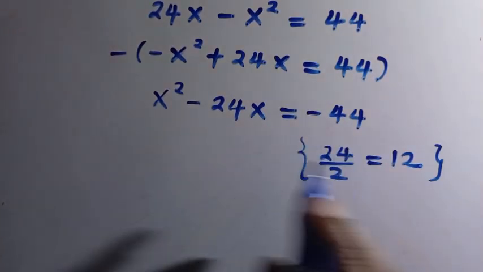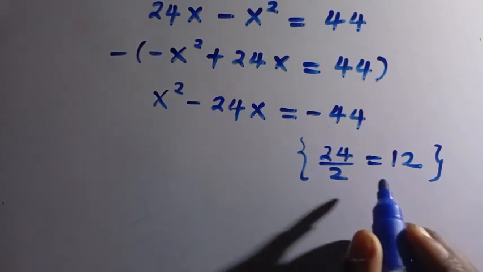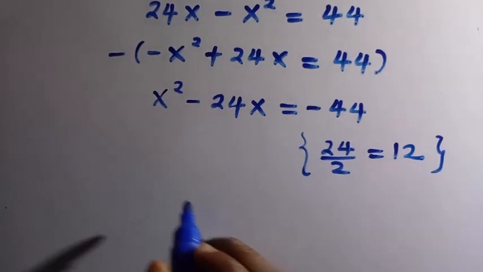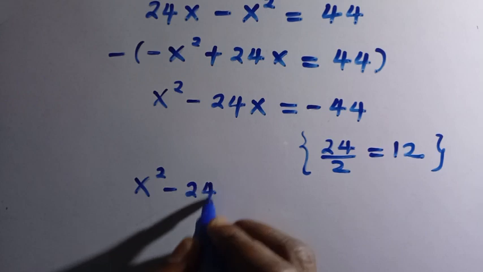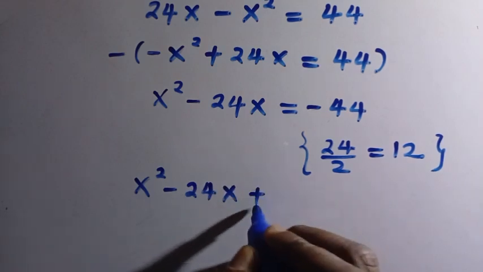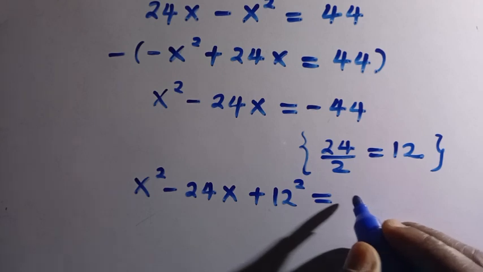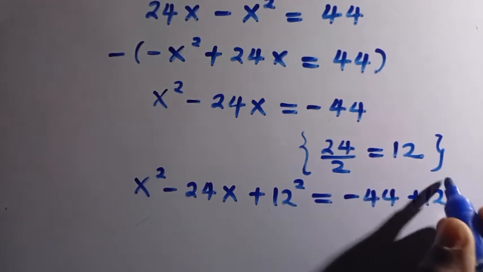And into this line, let's add 144 to both sides. Or let's say simply we add 12 squared to both sides. Then we have our x squared minus 24x plus 12 squared equals minus 44 plus 12 squared.